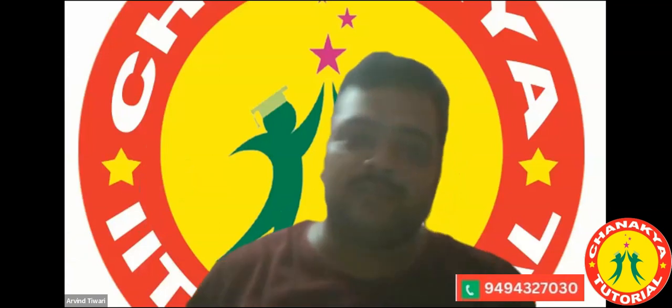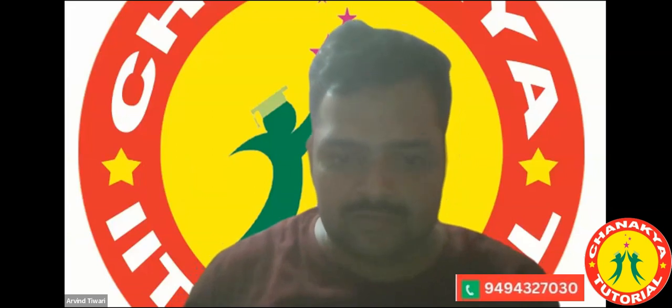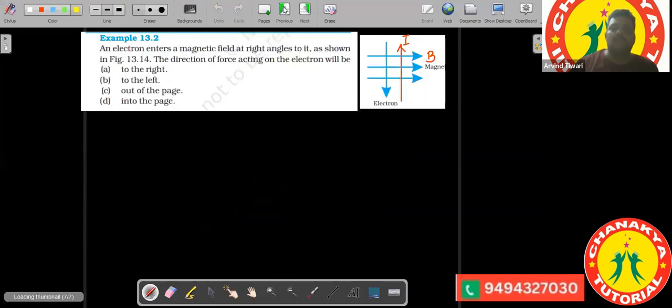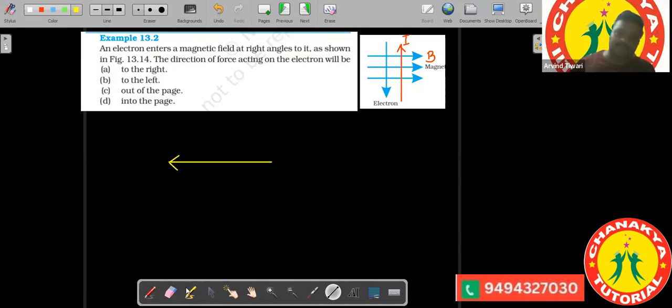Okay, so let me share again. You have the direction of current. The current is given in a horizontal wire from east to west. Let's make the directions also. So this is your east, west, north, south.